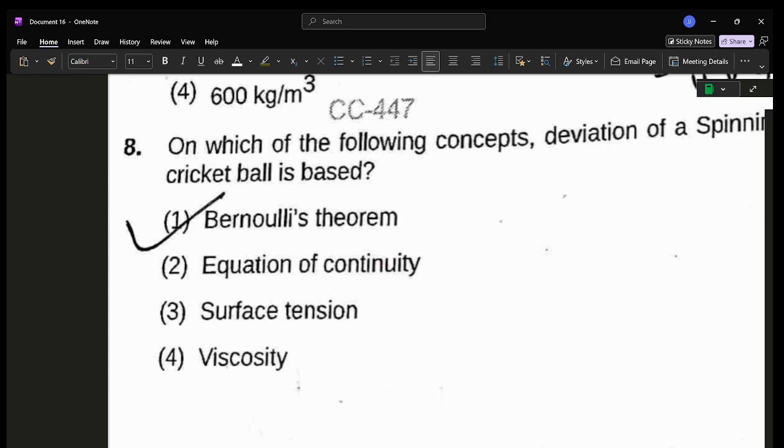Capillary rise. The fact that detergents clean clothes. Raindrops being spherical.